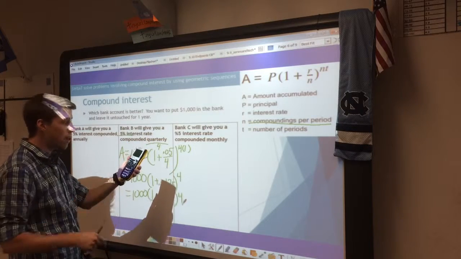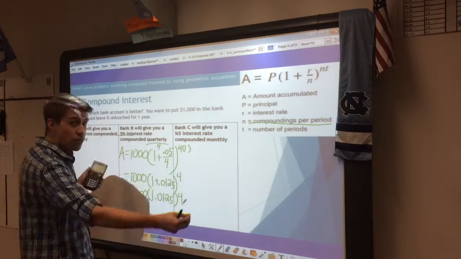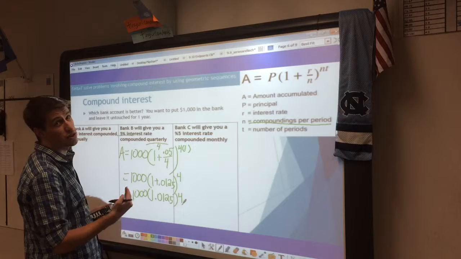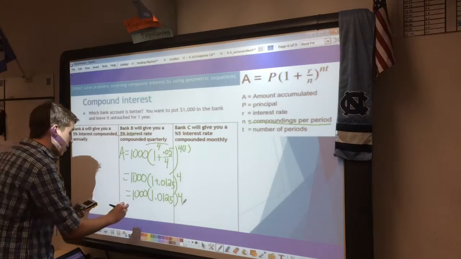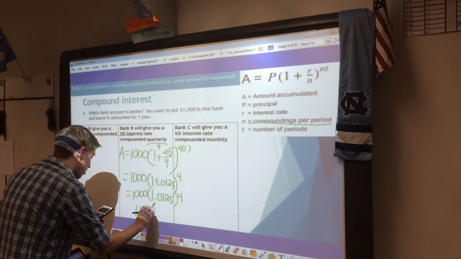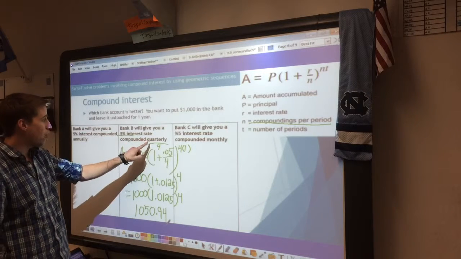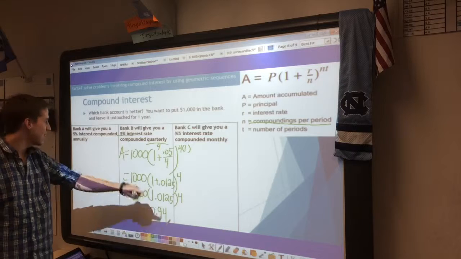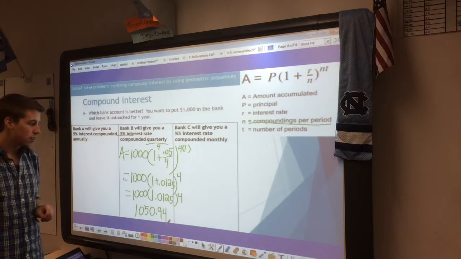I'm just going to hit the multiply button because your calculator will automatically remember all of the decimals for you. And then you don't have to make a mistake by rounding too soon. So times 1,000 is equal to, you have $1,050.94. When we compounded the interest quarterly, we have 94 more cents than when we compounded once annually.